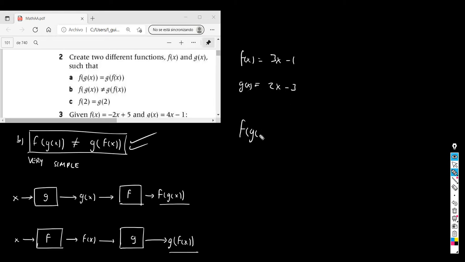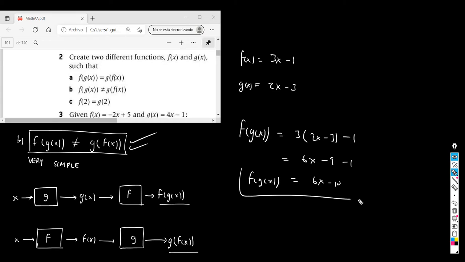If we first calculate the composition of f with g, we're going to have the following. If you simplify this a little bit, you get 6x minus 9 minus 1, which is 6x minus 10. So that is f of g of x.